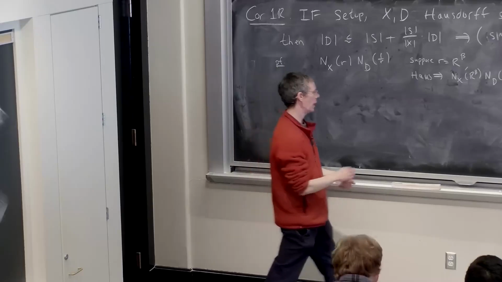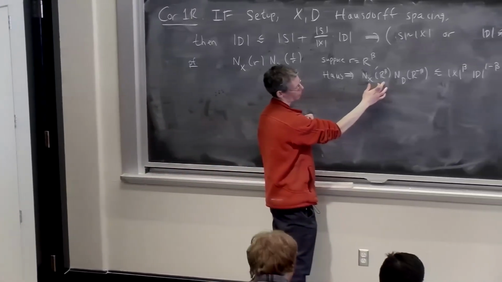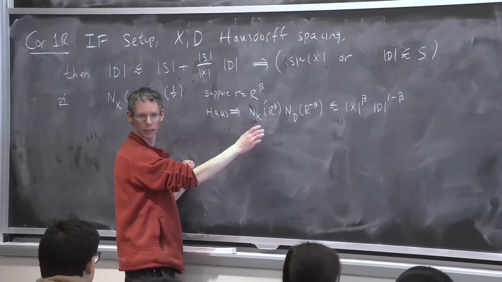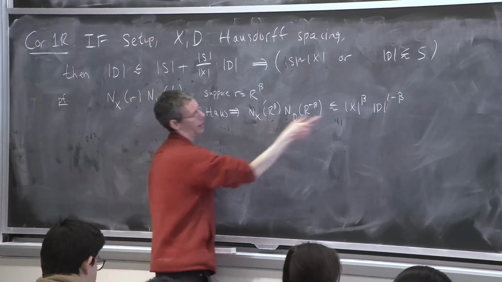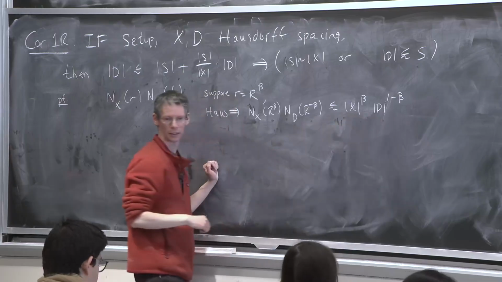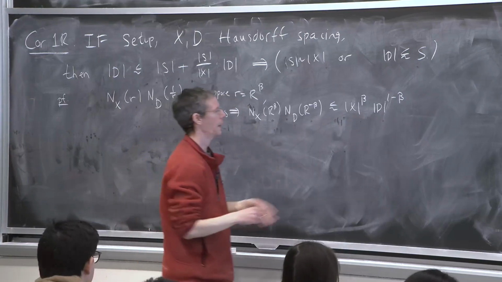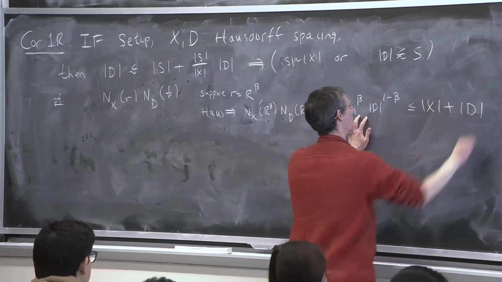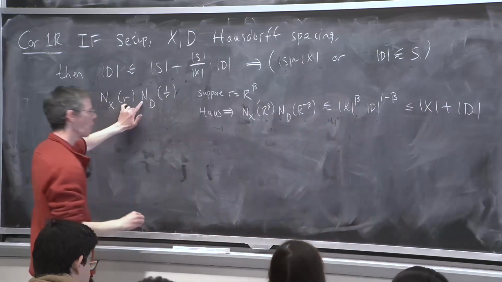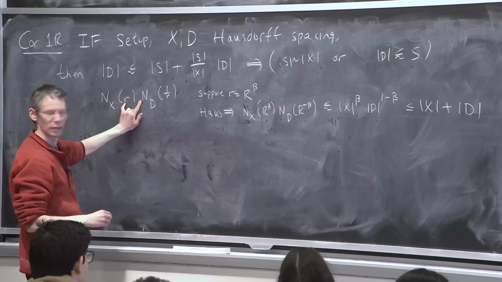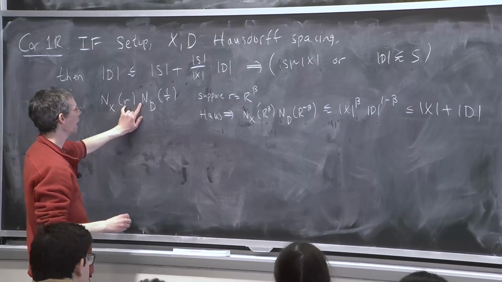So being Hausdorff allows us to relate nx of r for any r to the size of x, which is nx of big R. And algebraically, it works out like this. And for d, it works out like that. And then by AMGM, this is smaller than x plus d. So every one of these complicated things is bounded by x plus d. And the number of them is only log of r.